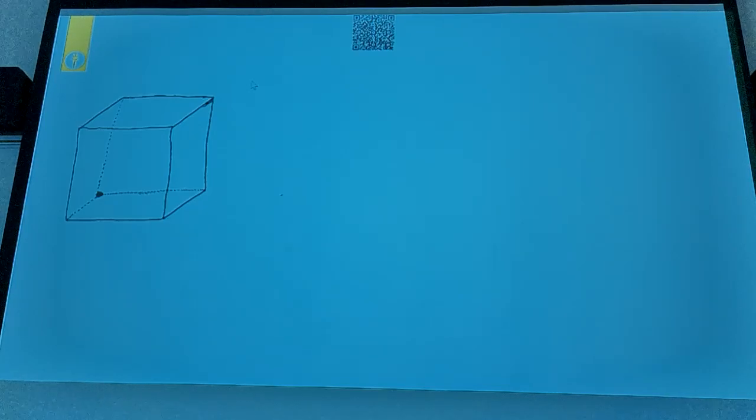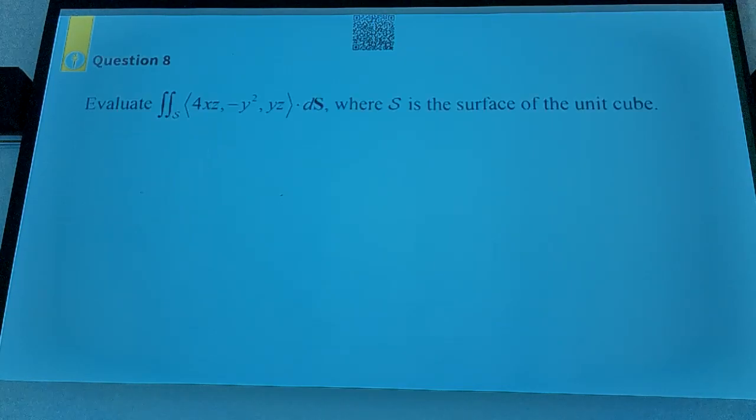This is a closed surface. Right, so using similar notation, you could see something like this as well to represent that the surface you're working with is closed.